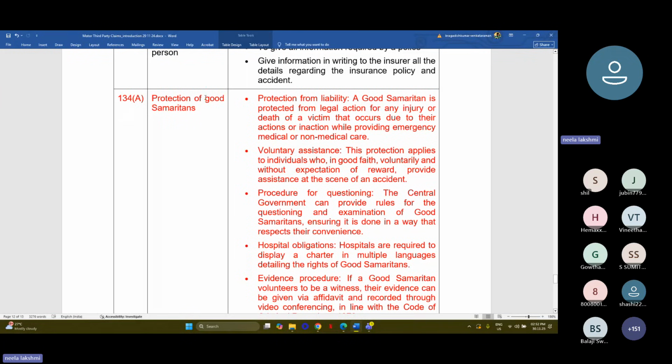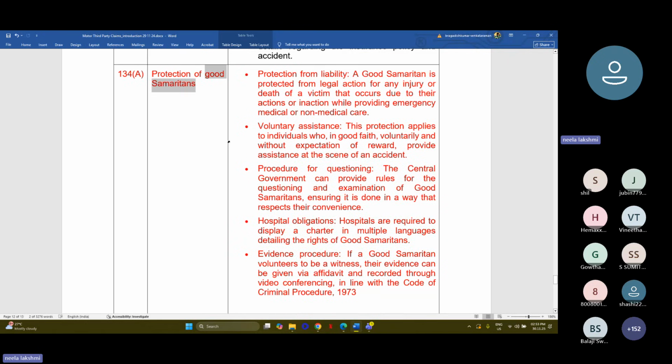Generally, we hesitate to support road traffic accident victims because of the fear that we may be taken into police custody, questioned by the police, or summoned to the court. This inhibition exists even in the minds of people who are ready to help. To remove that inhibition, this section has been introduced.